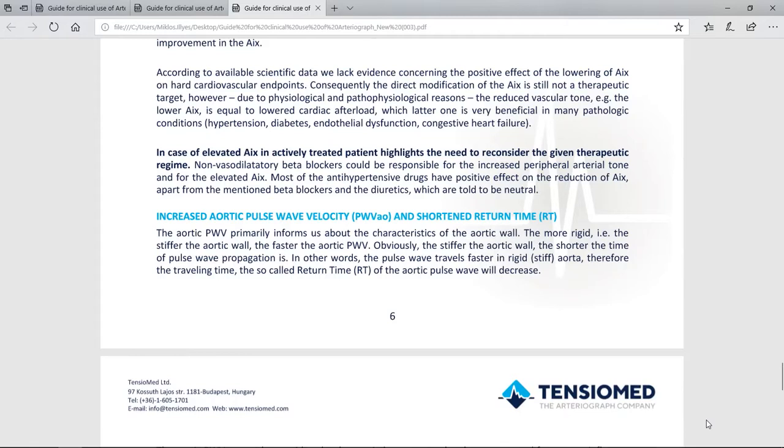Why? Because due to the increased peripheral vascular resistance and the increased augmentation index, the central blood pressure will also be increased. Thus, we face an increased central pressure load, which triggers the development of vascular hypertrophy and vascular calcification in the central arteries.